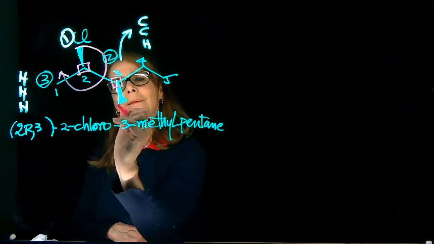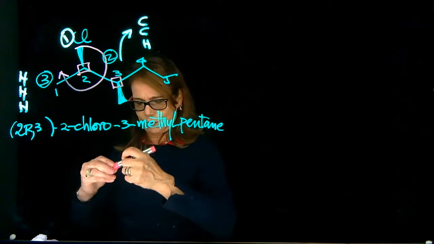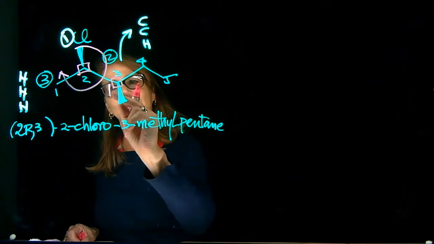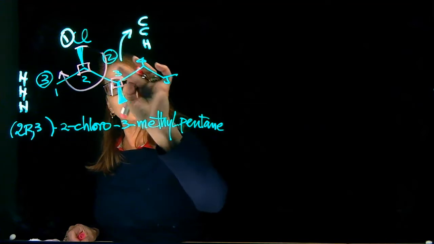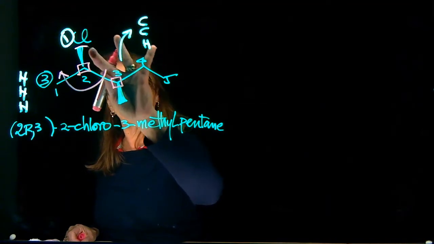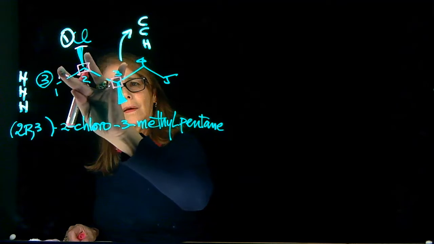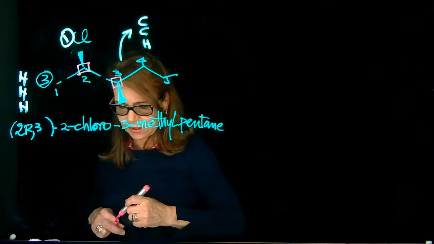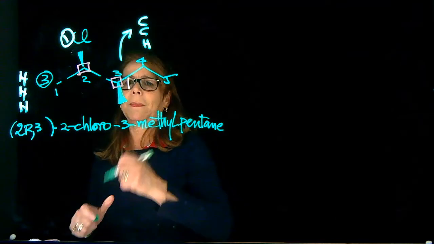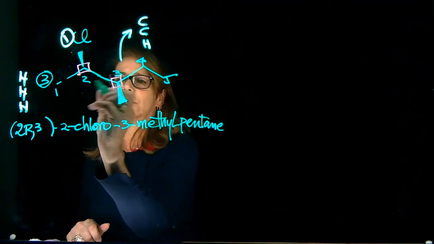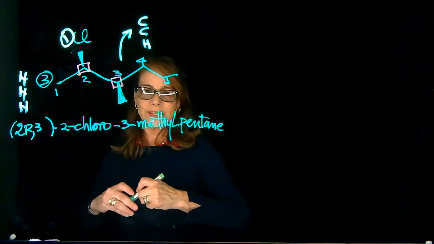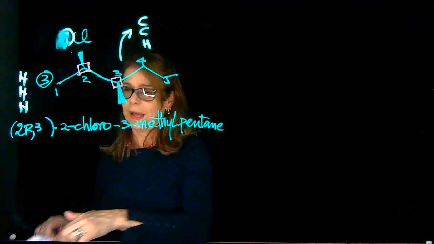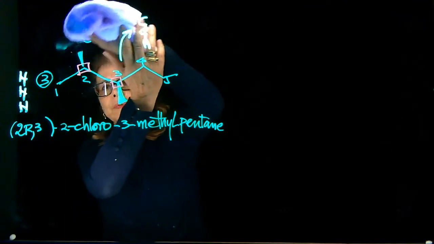Now, I'm trying to find a way not to overlap so many numbers. So let's erase the previous, because I have a lot. I'm just going to redraw the lines, because right now I want to assign the priorities, but we're looking at carbon 3. So I'm going to delete that.